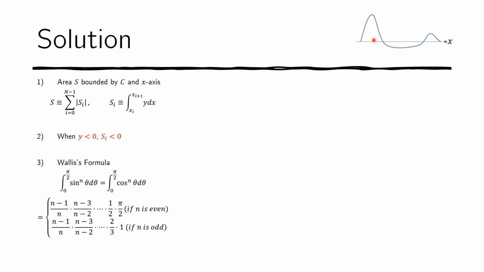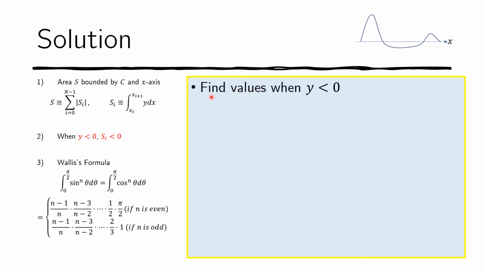And so the first step in our process is to actually find the locations on the curve where the y's are negative. So we want to find, if any, these regions in here. So let's find that.